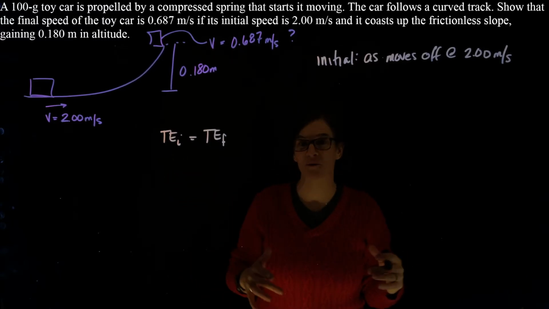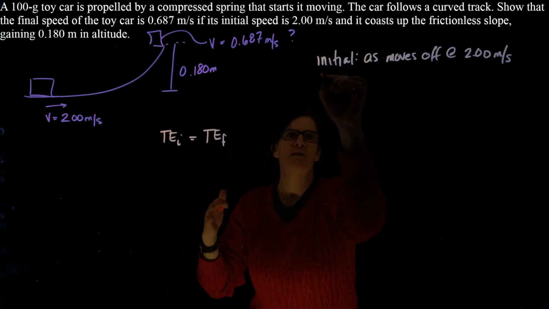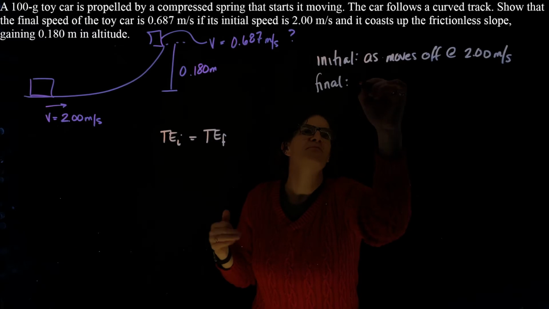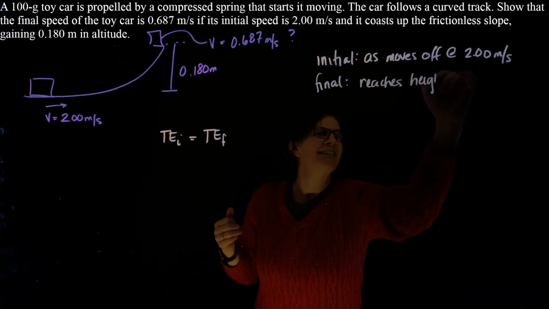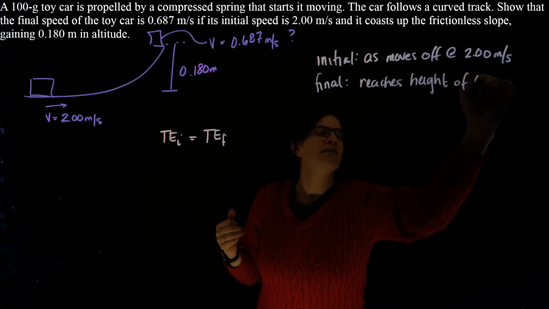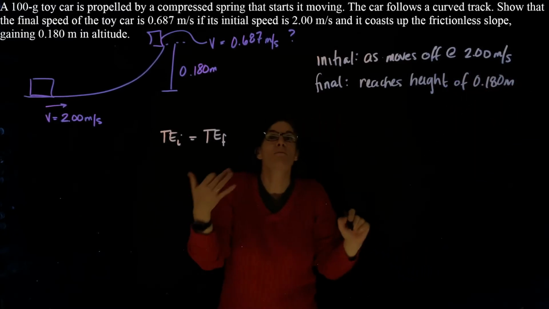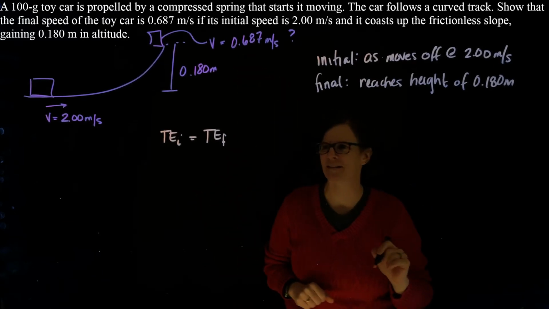And we'll look at the total energy at that point in time. Our final condition is when it reaches the height of 0.180 meters. We know that's actually not a peak because it's moving. We're going to see if it's moving at that speed that we're predicting.